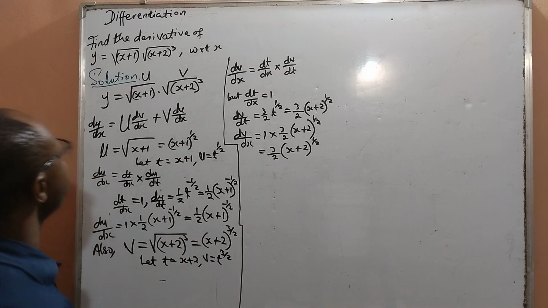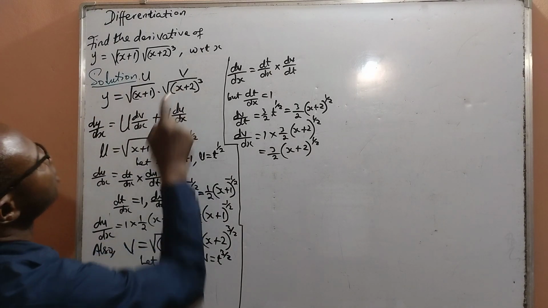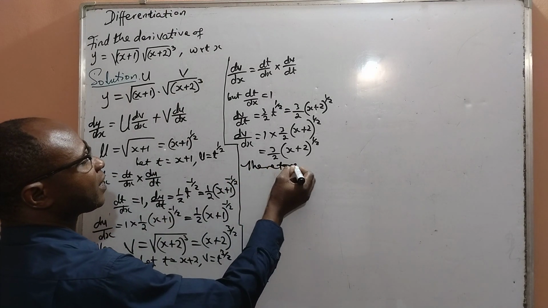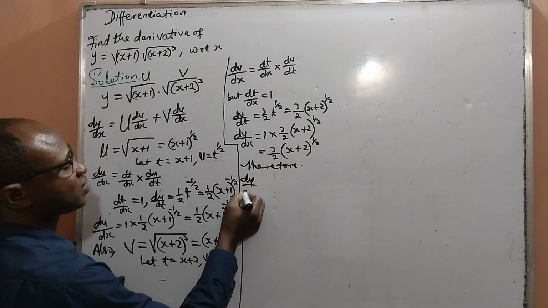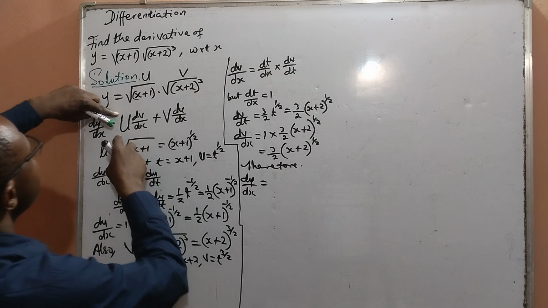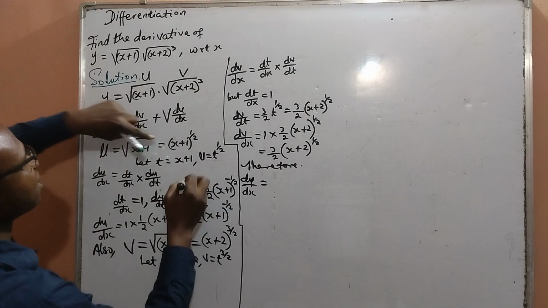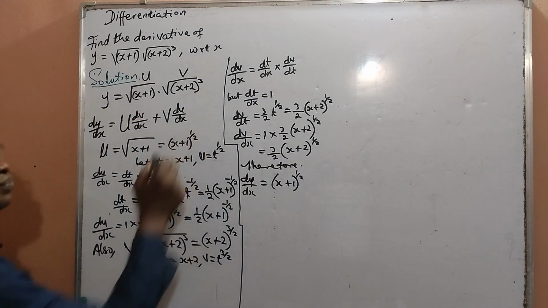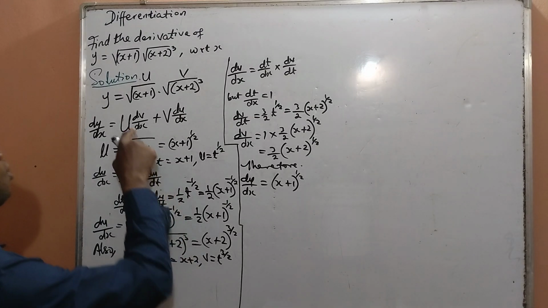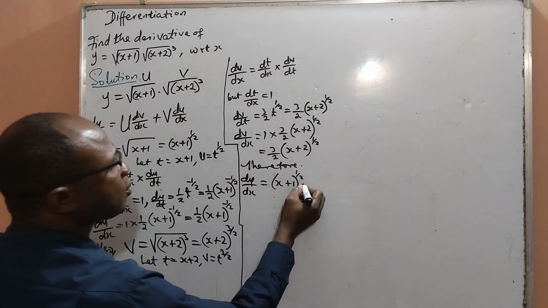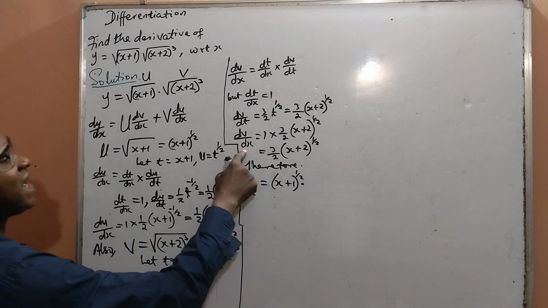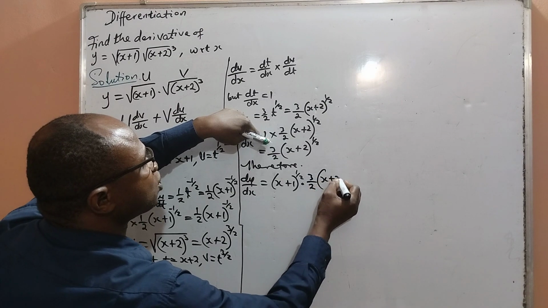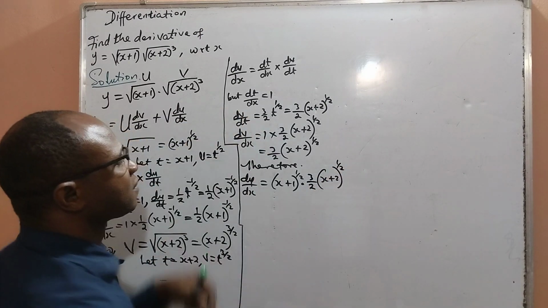Okay, very good. Therefore, dy/dx, which is the function that I am asked to find, from the formula, u is x plus 1 raised to the power half, multiplied by dv/dx, and dv/dx is gotten here to be 3 all over 2 into (x plus 2) all to the power of half.